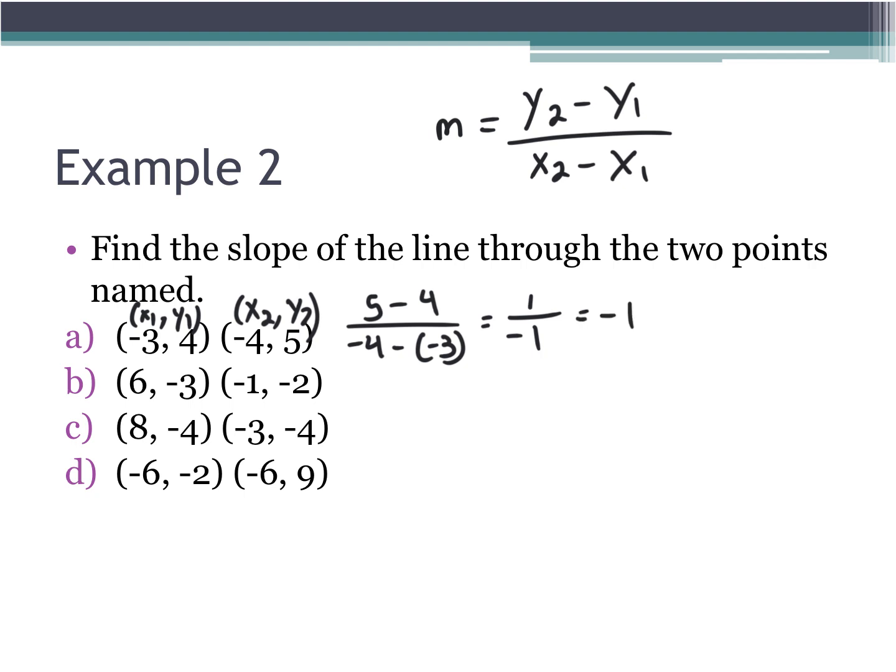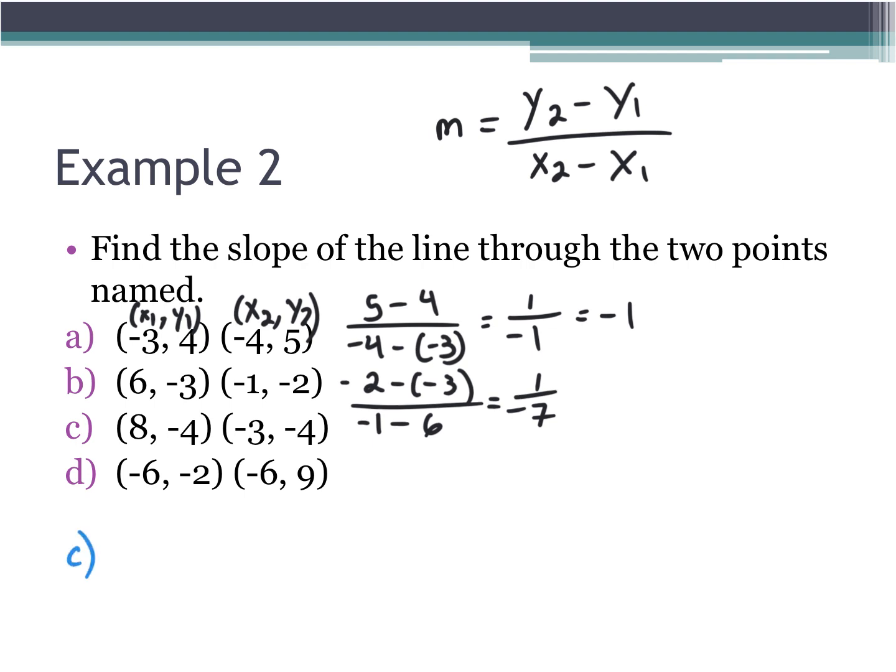Now for the second one, it's -2 minus -3, all of that over -1 minus 6. So we're going to get 1 over -7. I'm going to do C over here because I'm running a little bit out of space. So I'm just going to write C down here.